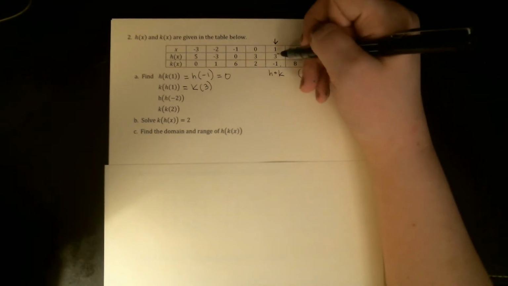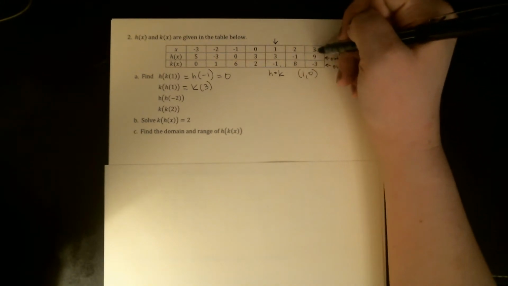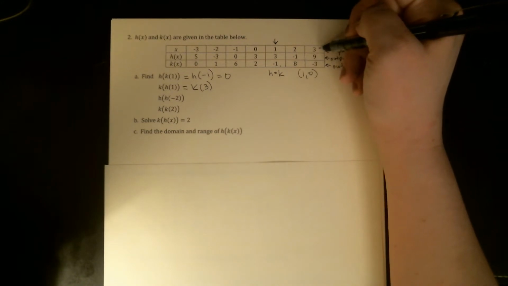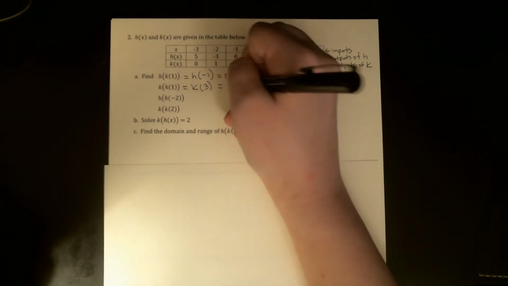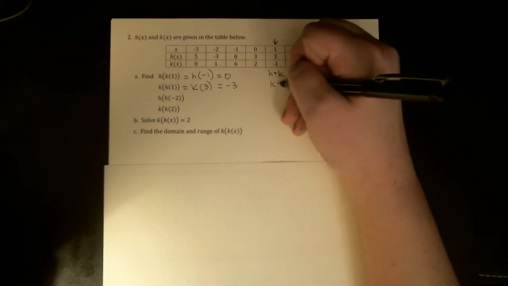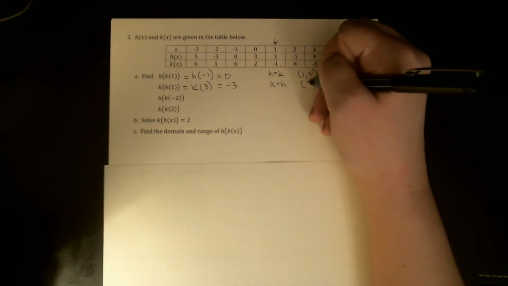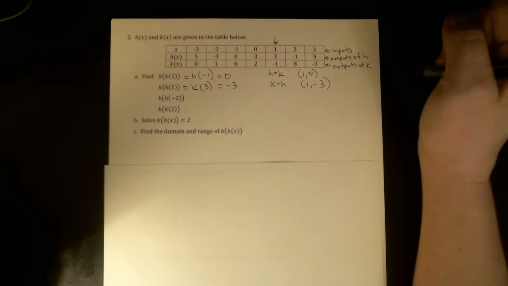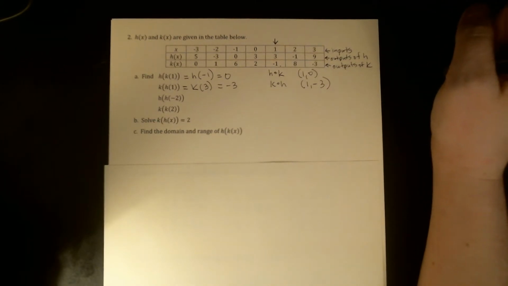Again, here's that swap. 3 was an output, but then I switch it and make it an input for the next function. I want k of 3, so I'm looking in the bottom row, and I'm getting negative 3. And again, the really key information here is that k of h goes through the point 1, negative 3. So the input for the composition was 1, the output for the composition was negative 3.